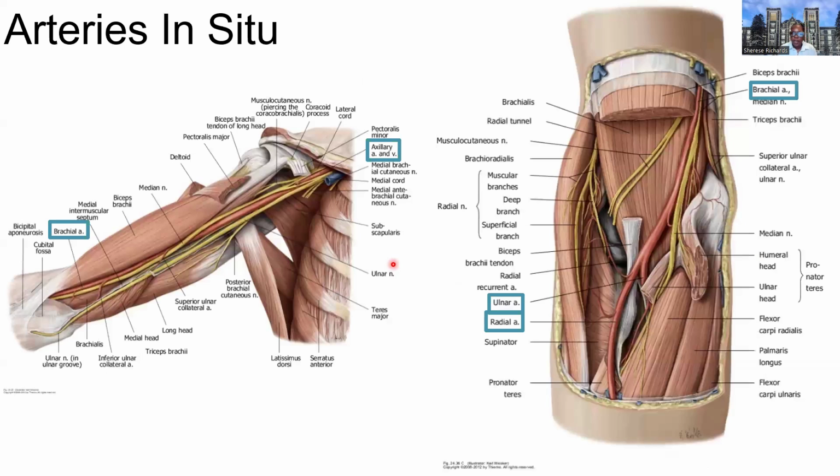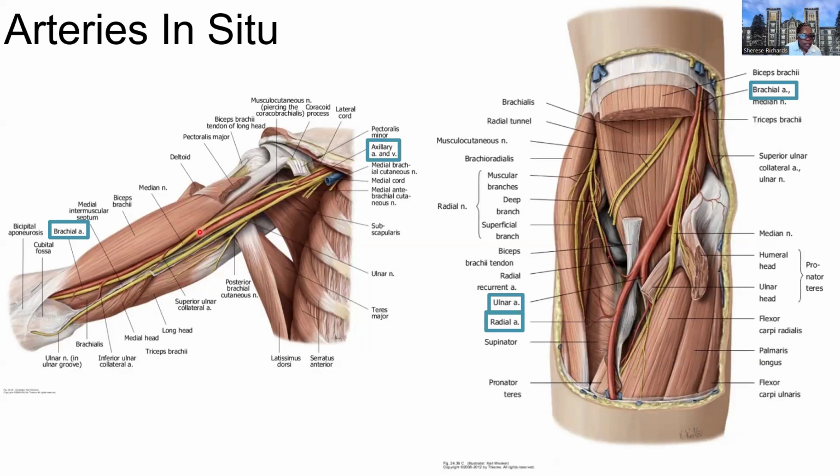If we look at them with structures in place, right, in situ, the way that they are in the body, now they become a little bit more difficult to decipher when the name's changing, but the anatomy still applies. As it passes the clavicle, it becomes the axillary artery. So as it travels through the axilla, here's the axillary artery.